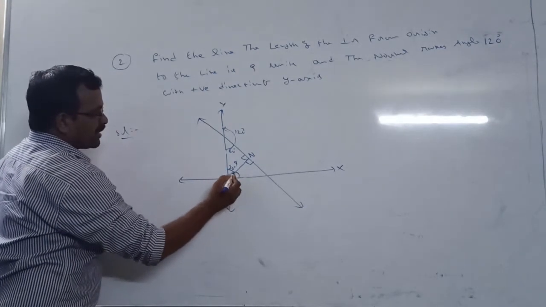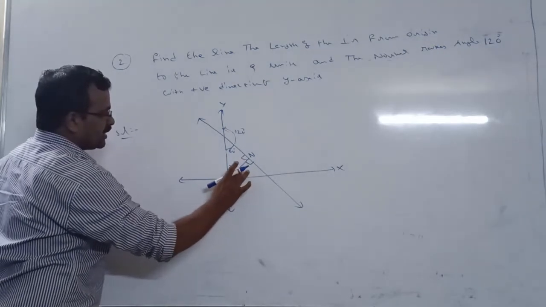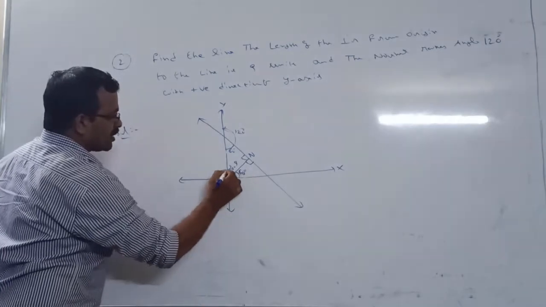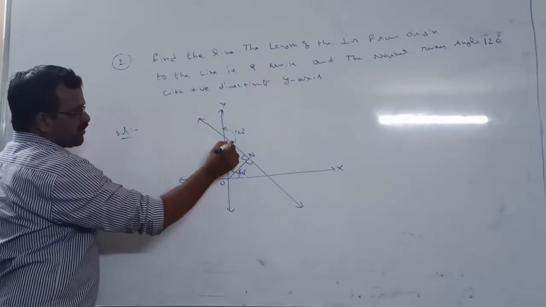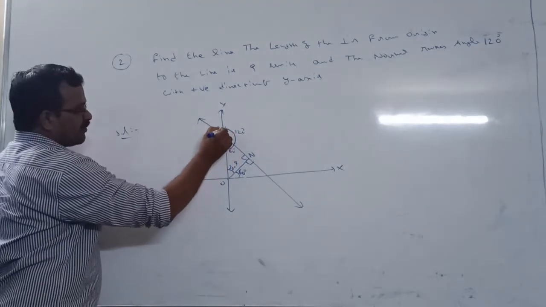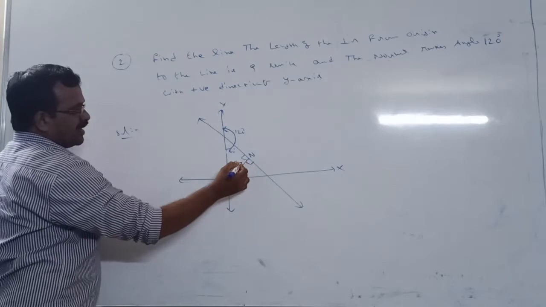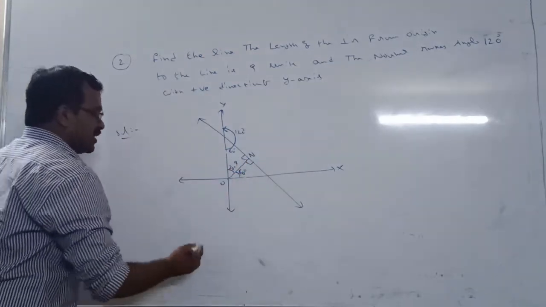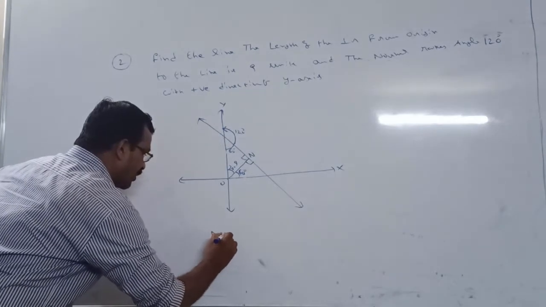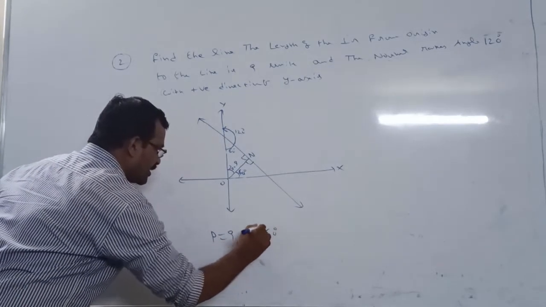The remaining angle is 60 degrees, since 30 and 60 total 90. So the angle made by the normal with the x-axis is 60 degrees. Here p equal to 9 and alpha equal to 60 degrees.